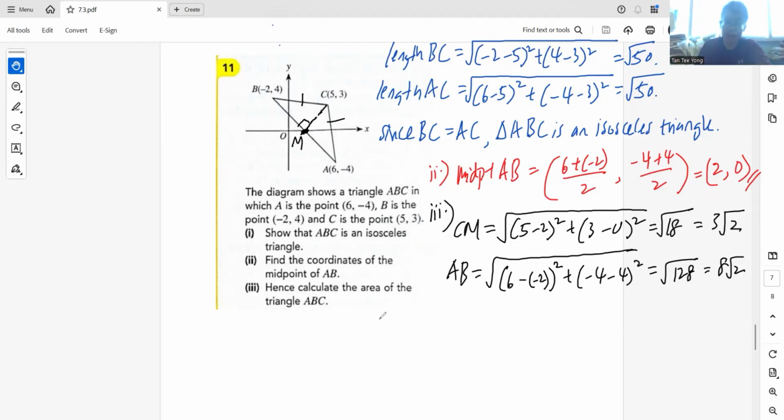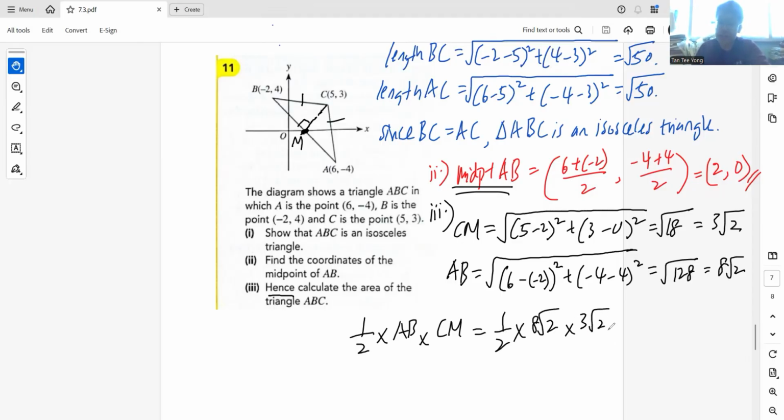So the area of triangle ABC, and hence, we need to make use of M here. This M is the midpoint of AB, which is found in part 2. So how to find the area of a triangle? Half times AB times CM, half times base times height. So half times 8 root 2 times 3 root 2.